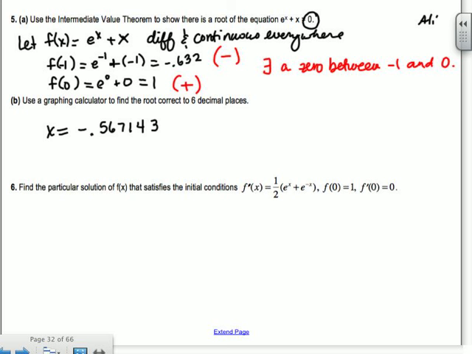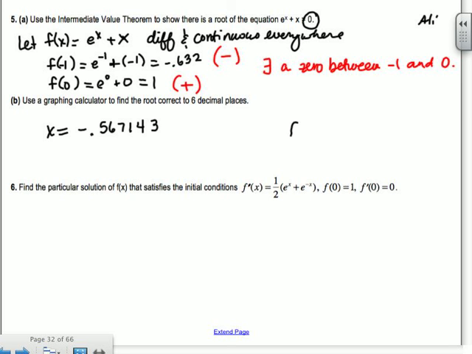You could also talk about, would there be another 0? Are there any more? Based on the graph, it doesn't look like it comes back down, but how could you prove that it does not come back down and cross the axis again? If I asked you on a free response problem to prove that there were no more 0s, so to prove that it's always increasing, you'd find the slope.